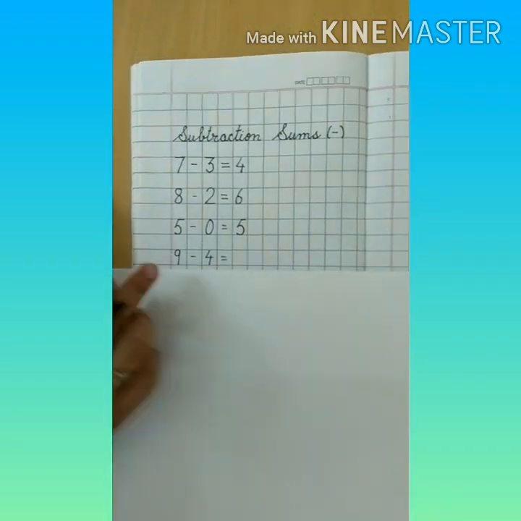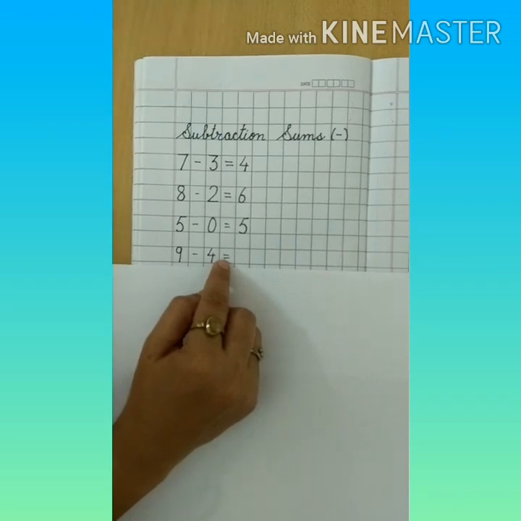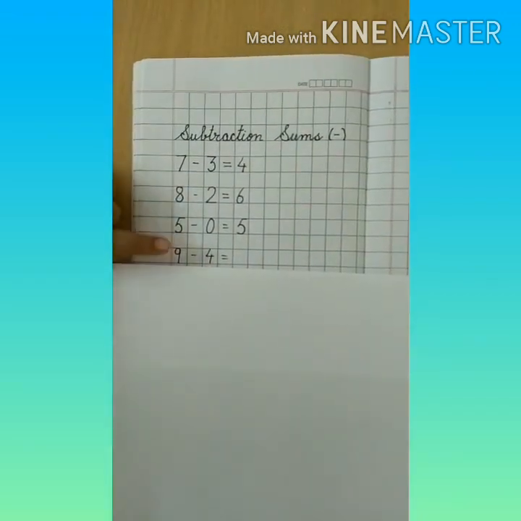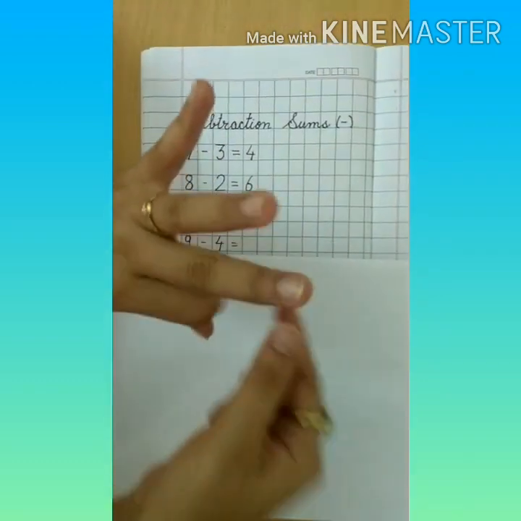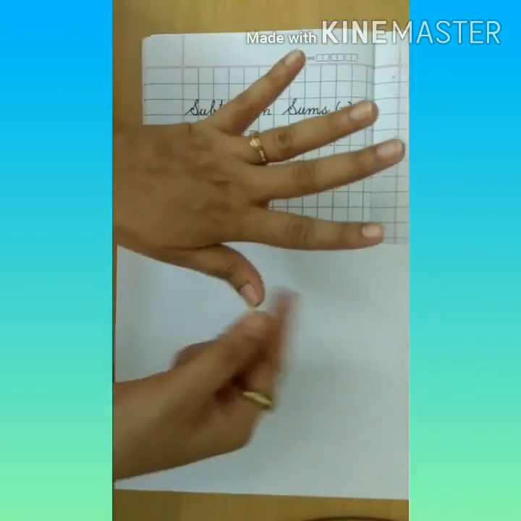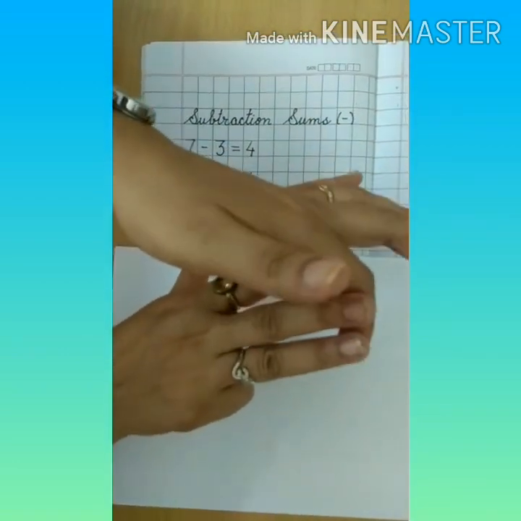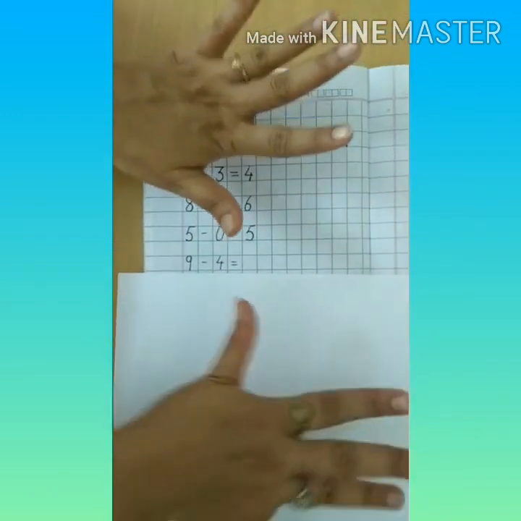Next is 9 minus 4 is equal to. We will raise our 9 fingers. 1, 2, 3, 4, 5, 6, 7, 8, 9. See, how many fingers are there? 9.